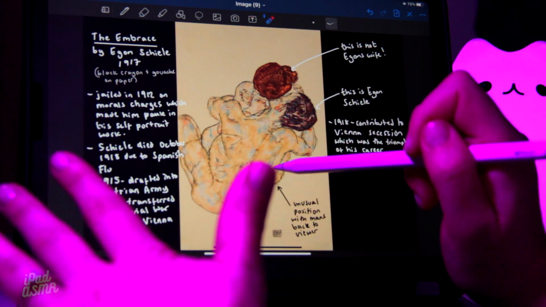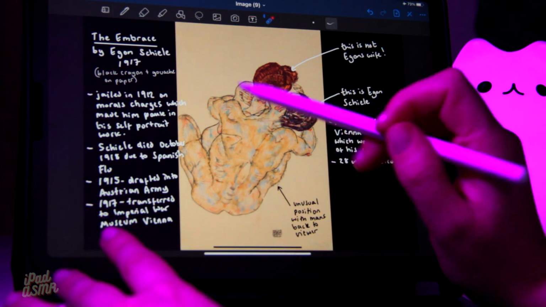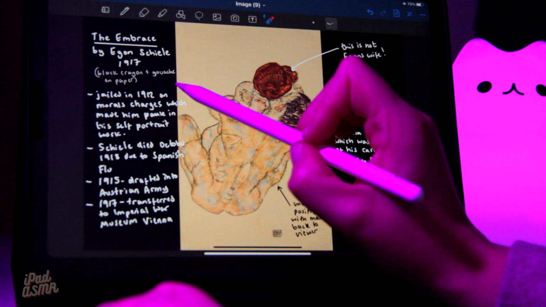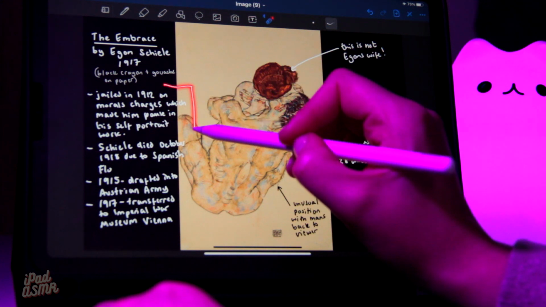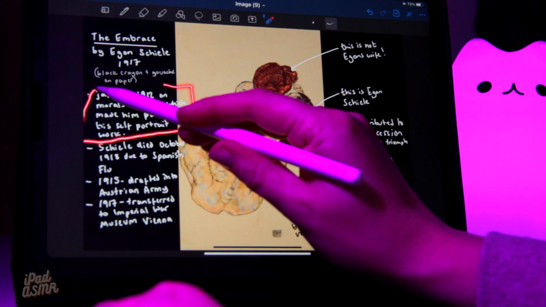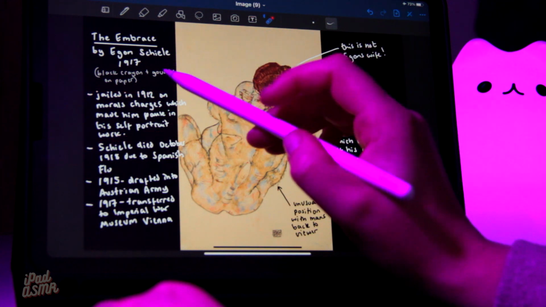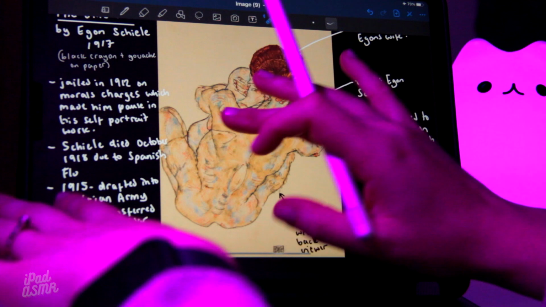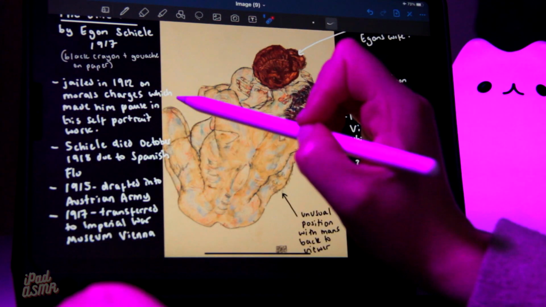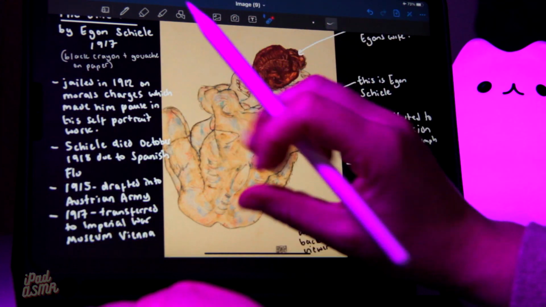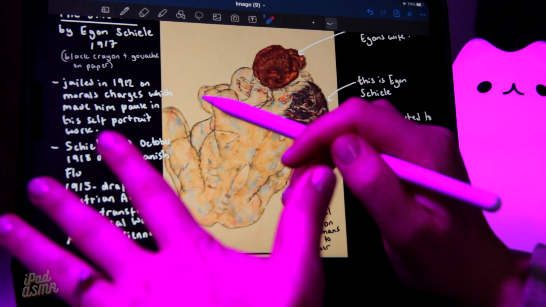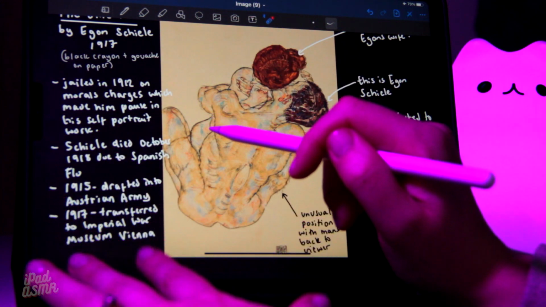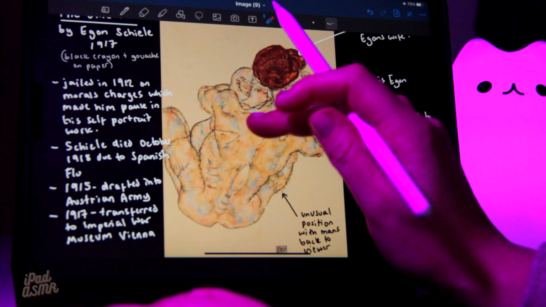So a little bit about the artist himself. He typically did nude self-portraits, but in 1912 he was actually jailed for morals charges, which made him pause and become reluctant to do nude self-portraits.